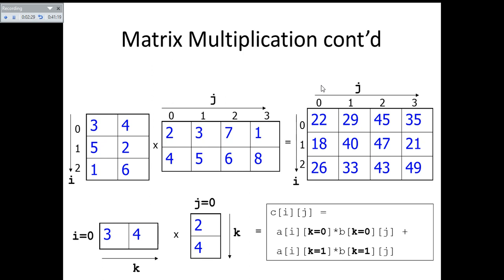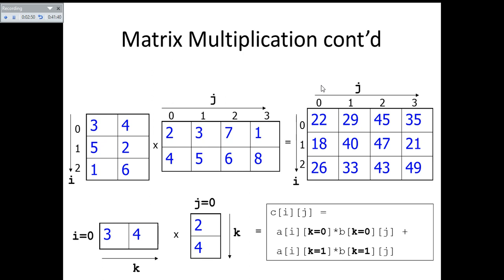Since we have to mention the row first, we can say that i comma k is multiplied with k comma j. Like that, you are going to repeat it for k less than the number of columns in your first matrix, or the number of rows in your second matrix.